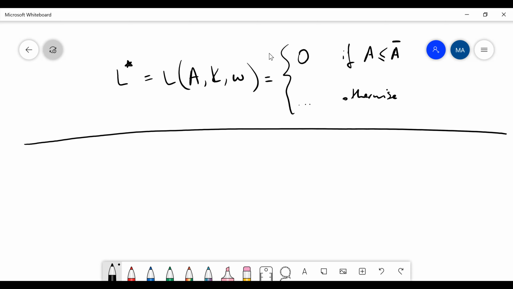Now the question is, of course, checking the second order sufficiency conditions. So remember the problem. I have profit, and profit is given in this way.